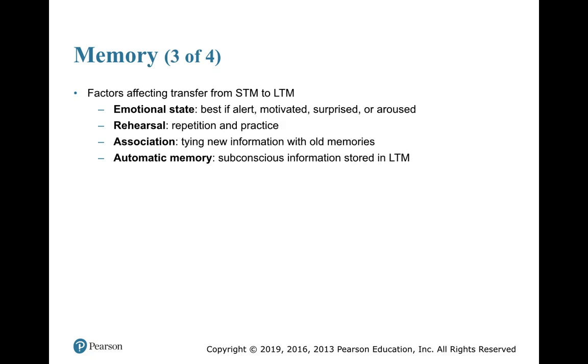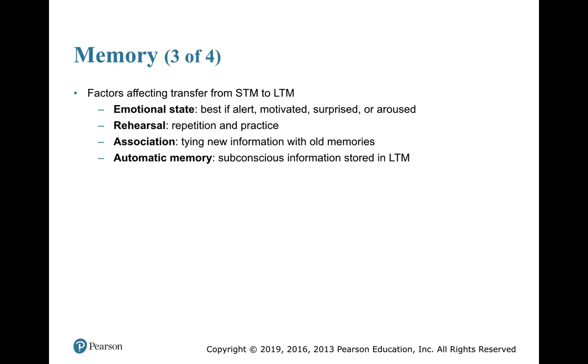There are factors that we know, although we don't know why, we don't know how entirely, but factors that help transfer that information from short-term memory to long-term memory include emotional state. If you're alert, motivated, surprised, or aroused, you're going to have a better chance of moving that material from short-term to long-term.